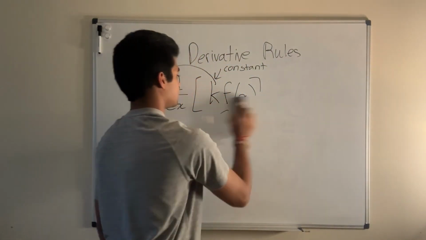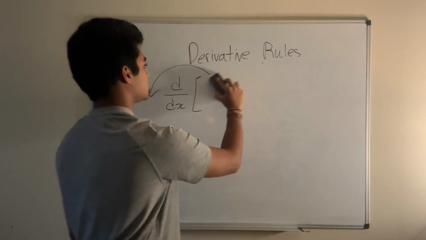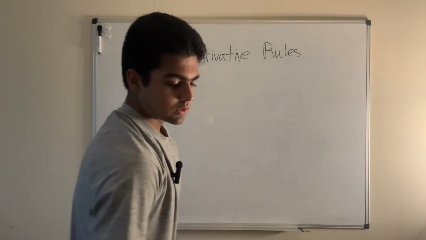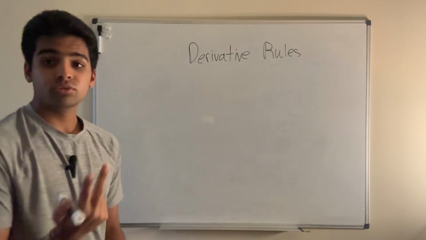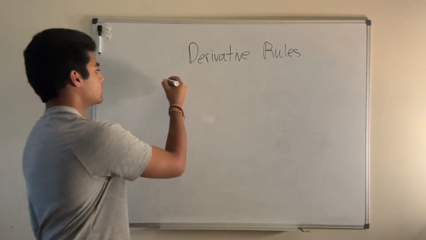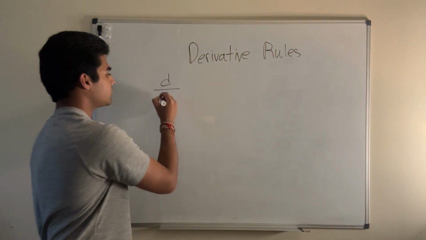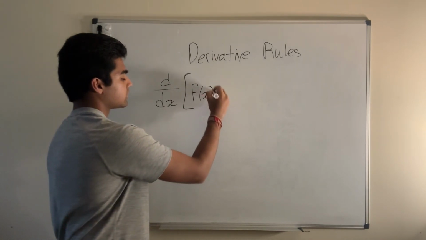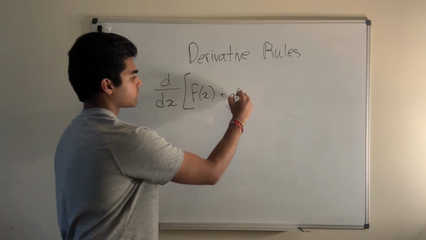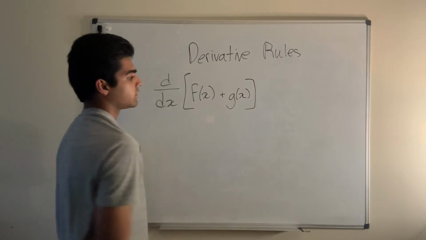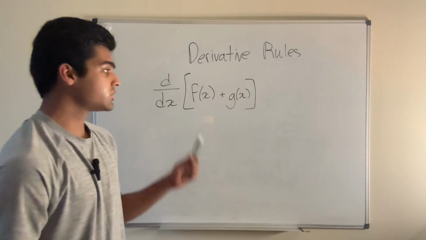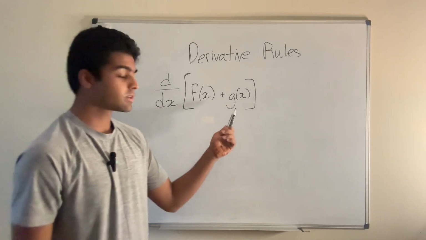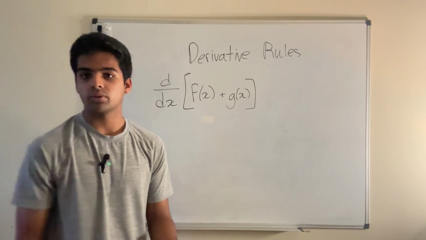The next property that we will look at is the sum property. The sum property says that if we had 2 functions, f of x and g of x, and we wanted to take the derivative of f of x plus g of x, it's going to be the derivative of the first function plus the derivative of the second function, or the derivative of the second plus the derivative of the first, however you want to do it.